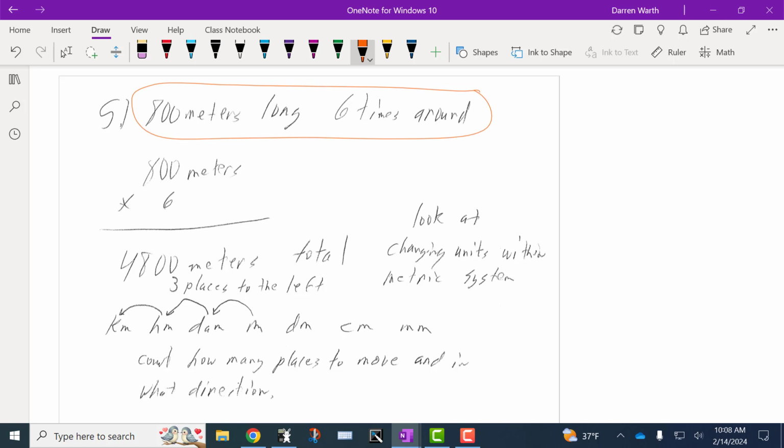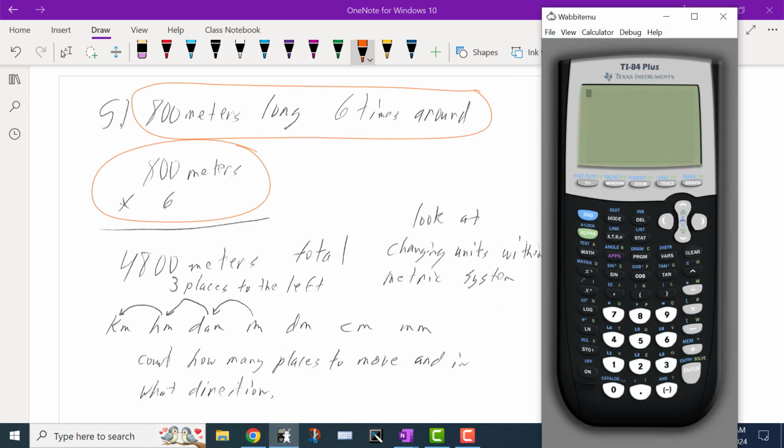If I multiply those two together, 800 times 6, I'm going to get my total number of meters that I jogged around the track. So 800 times 6, just take a calculator, type that in. That is 4,800 meters total. So I've jogged a total of 4,800 meters.